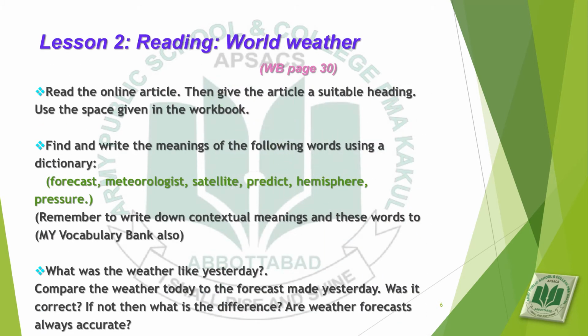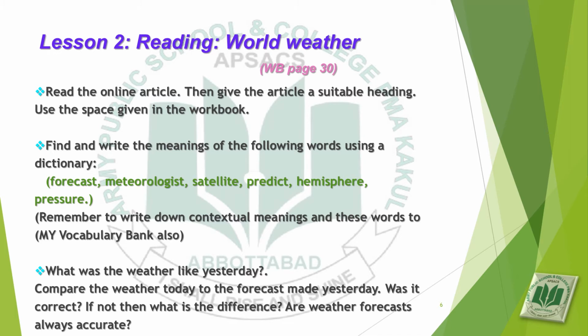Now we will come towards the reading plan of this week. Students, you have to open your workbooks, page number 30. There you will see an online article. You have to read the article carefully. Then give the article a suitable heading. Use the space given in the workbook.